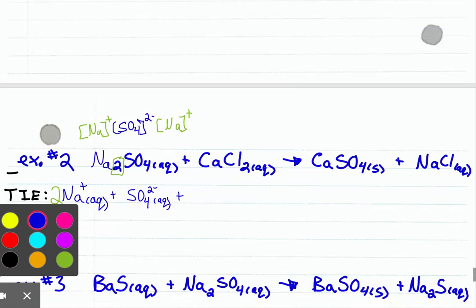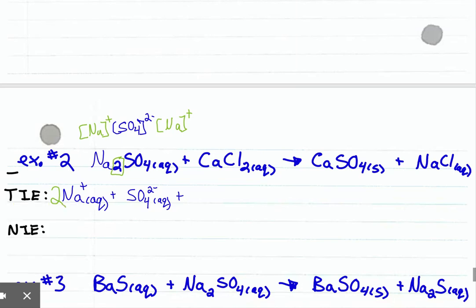because it is calcium chloride aqueous right here. So aqueous means it's going to get pulled apart into its ions. So we get a calcium 2 plus Aq plus our chlorine, ionic charge 1 negative Aq.